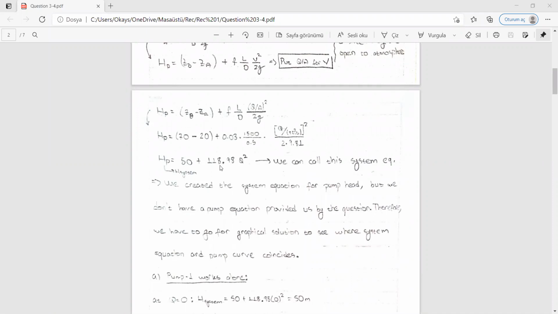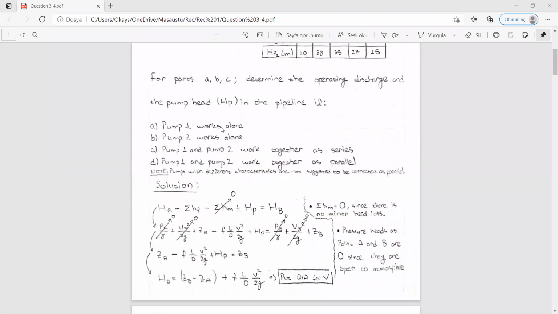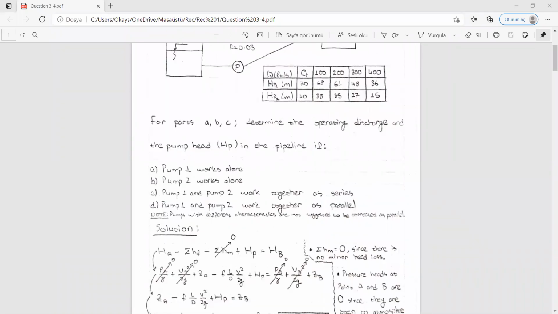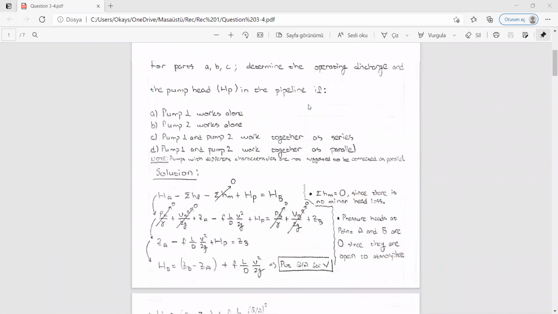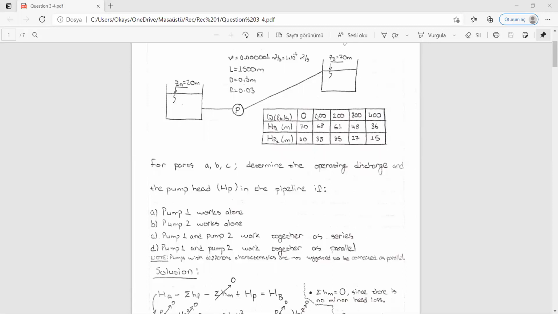So for the part A, it wants us to check when pump 1 works alone. So what are our discharge values? 0, 100 liters, 200 liters, 300 liters, and 400 liters. You need to put them, by the way, in terms of meter cube per second, because our head is in terms of meter.